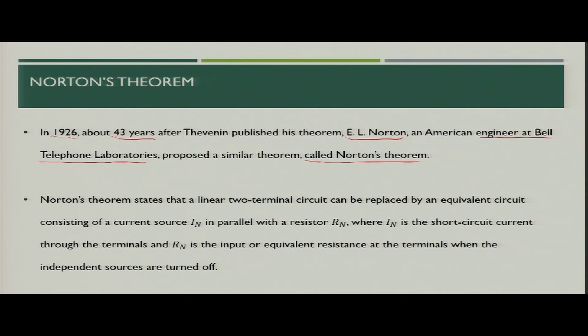So, what does Norton's theorem mean? Norton's theorem says that a linear two terminal circuit can be replaced by an equivalent circuit consisting of a current source IN in parallel with a resistor RN, where IN is the short circuit current through the terminals and RN is the input or equivalent resistance at the terminals when the independent sources are turned off.